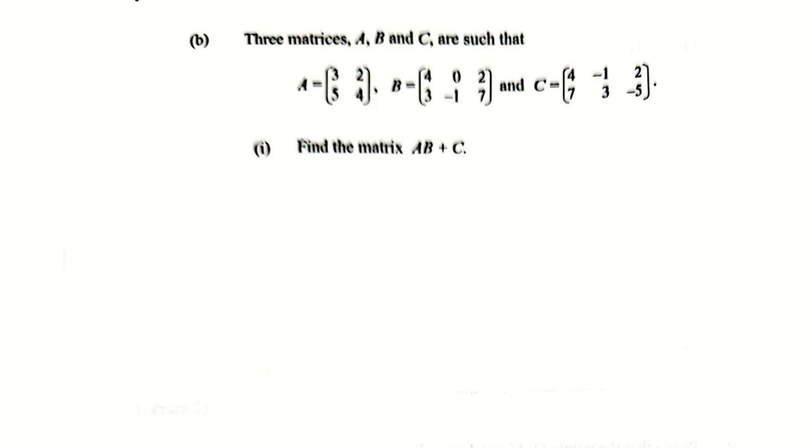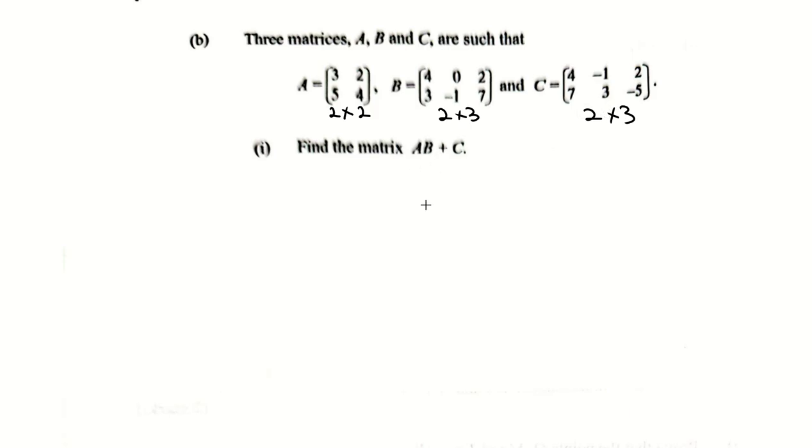Okay, so anytime I have matrices that I have to multiply or anything like that, I like to put the order of the matrix. So A is a 2 by 2, 2 rows by 2 columns. This is 2 rows by 3 columns, and again this is 2 rows by 3 columns.